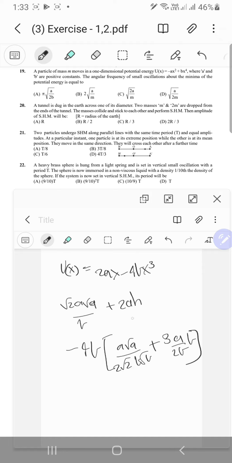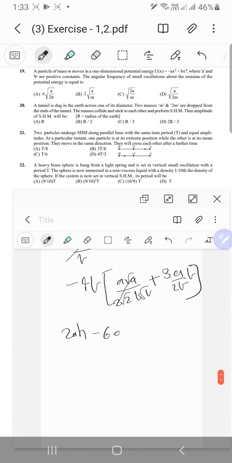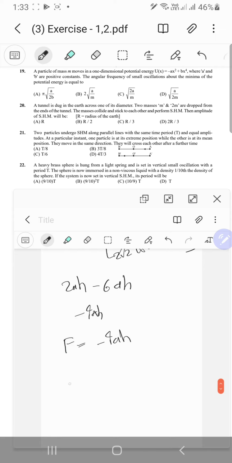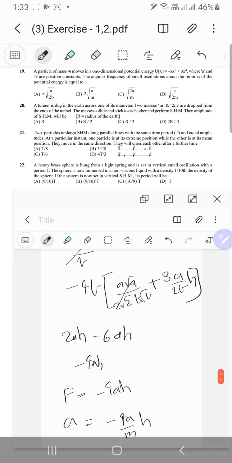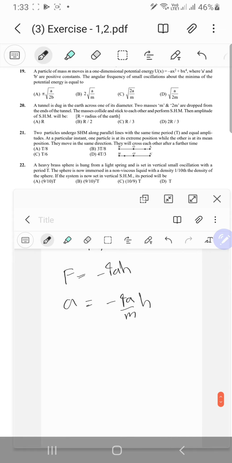As you can see, these things cancel away. Just have 2ah minus 6ah, which is minus 4ah. So we got F equal to minus 4ah. So the acceleration is going to be minus 4a upon m into h. Yeah, that looks correct.